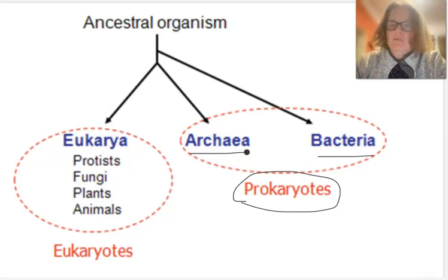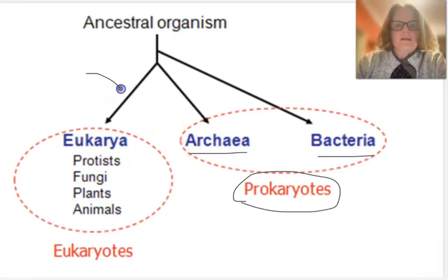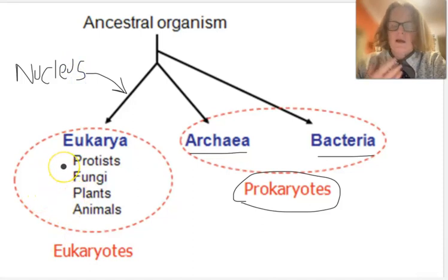There are still some examples around today, and there is also fossil evidence of archaea. And at some point in evolutionary history, we have the development of the nucleus. So then everything else coming down this line is a nucleated cell. So all the other kingdoms are eukaryotic cells: protists, fungi, plants, and animals.